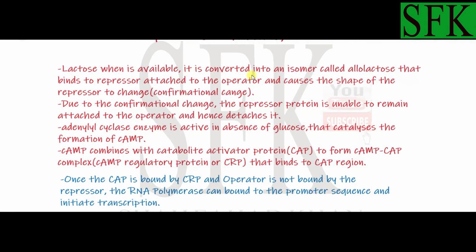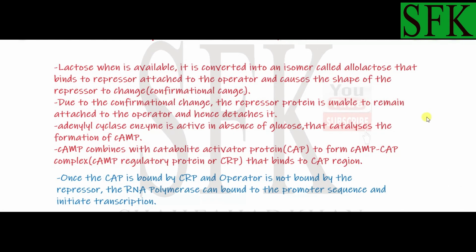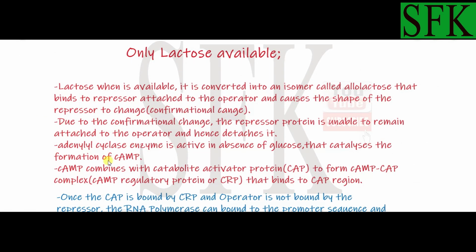What happens now? One condition of transcription initiation by the RNA polymerase is fulfilled: the operator site has become empty. Then there is an enzyme called adenyl cyclase. If only lactose is present and no glucose is present in the environment, this adenyl cyclase enzyme is active.